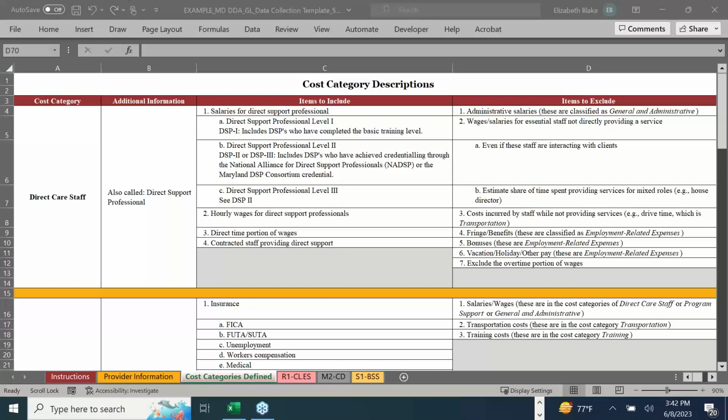Yes, someone's asking to be reminded of where these recorded sessions will be. So we will be posting these recorded sessions on the DDA website under the RRAG resources, and I will put that hyperlink into the chat.